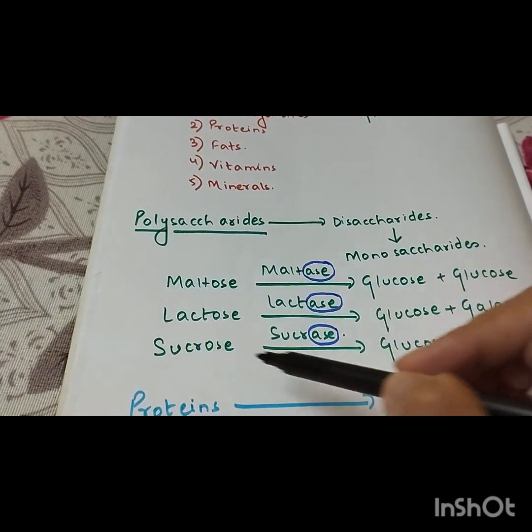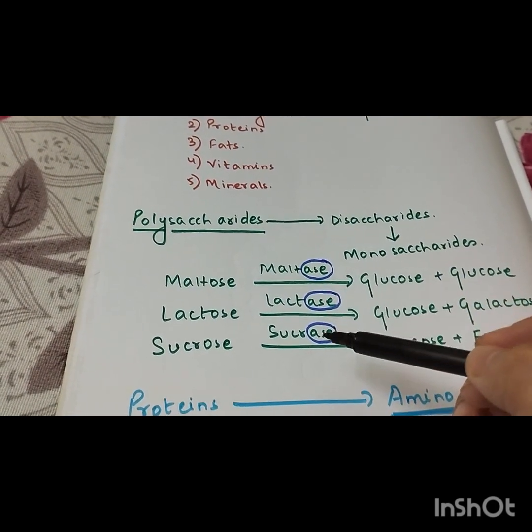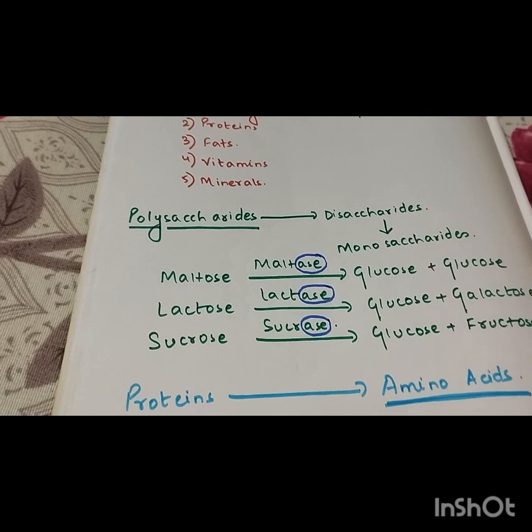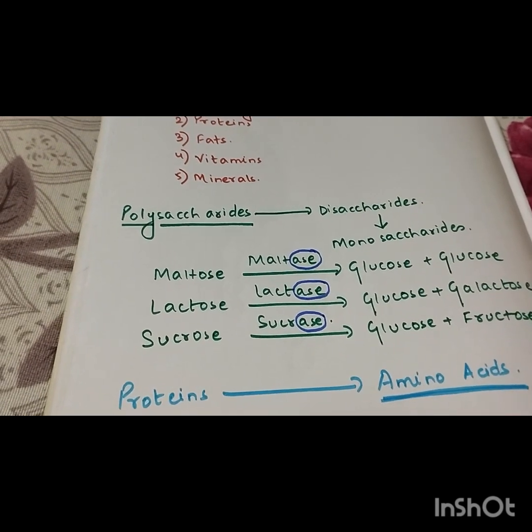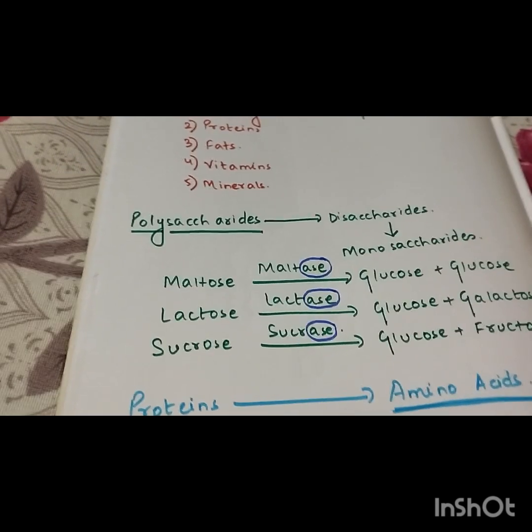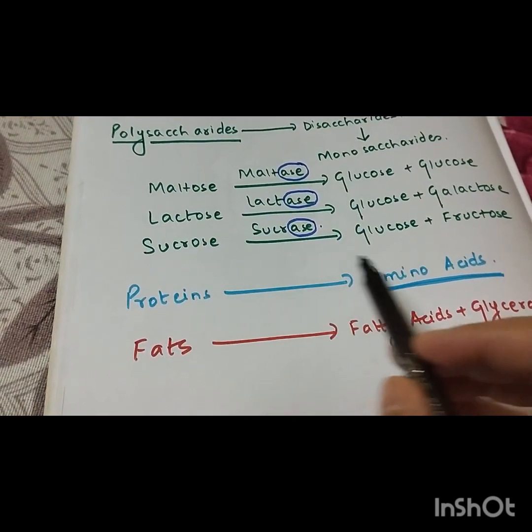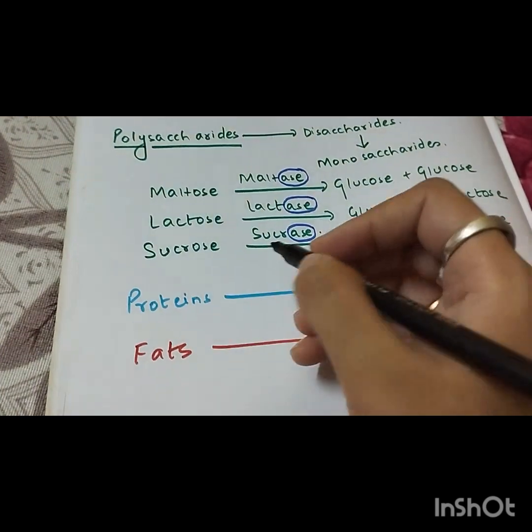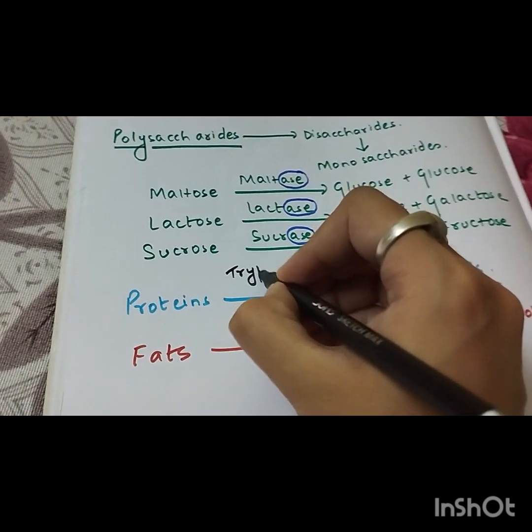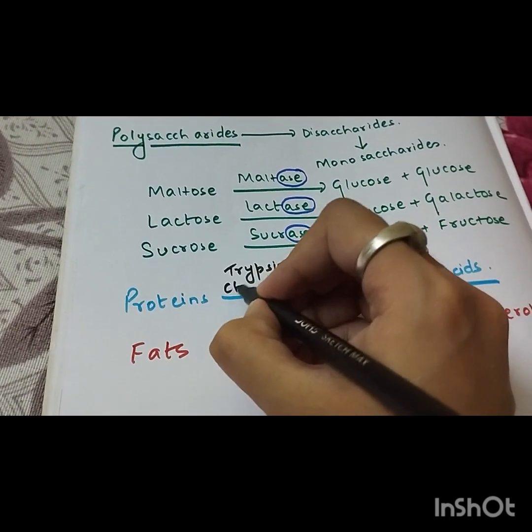So all of this, maltase, lactase, sucrase, are contained inside pancreatic amylase. Pancreatic amylase helps in the breakdown of carbohydrates resulting in glucose. Now proteins are broken down into amino acids because of proteases like trypsin or chymotrypsin.